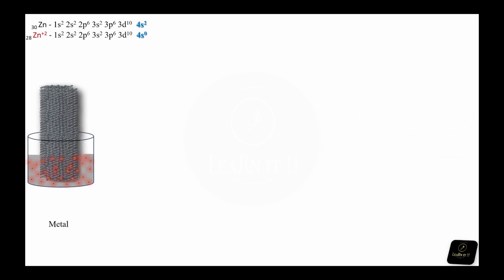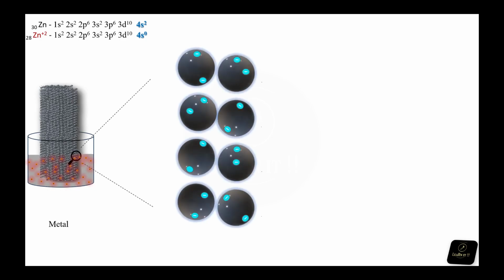Consider a zinc metal. It is in contact with a dilute solution of zinc, containing Zn+2 ions. So when zinc is in contact with its own ion and the concentration is less, the zinc atoms present in the metal rod undergo oxidation, leaving behind two electrons on the zinc rod.